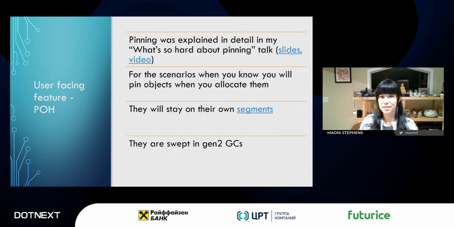And these will be swept in Gen 2 GCs, fairly similar to large object heap, right? Of course, large object heap can be compacted, whereas pins cannot move by definition. However, we would thread the dead spaces in between live pinned objects on the pinned heap into free lists to use for allocations. In that sense, it's kind of like large object heap when you're not compacting it.